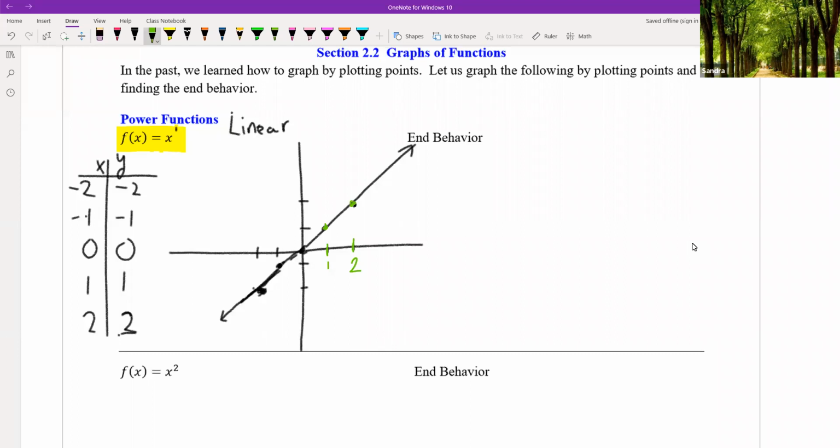But what if instead of selecting 1 and 2, I select a 10? I think I'm still going to get a larger Y value. What if I get 1,000? Well, my output is also going to be a very large value, which is 1,000. What if I select 1,000,000? Then my output is also going to be 1,000,000.